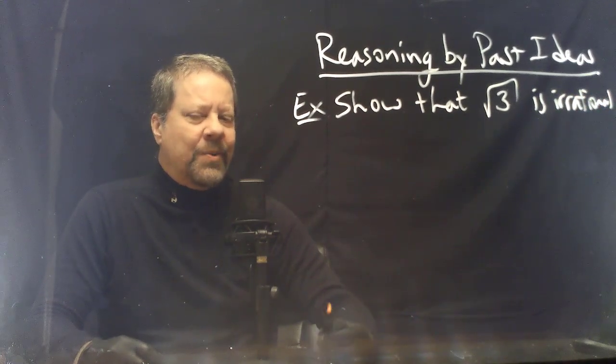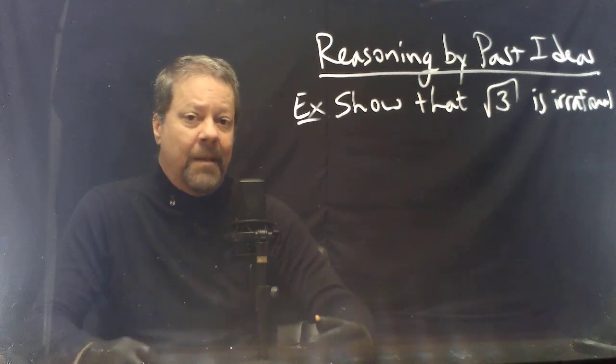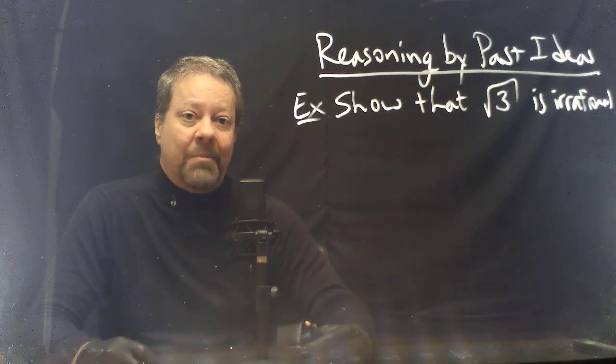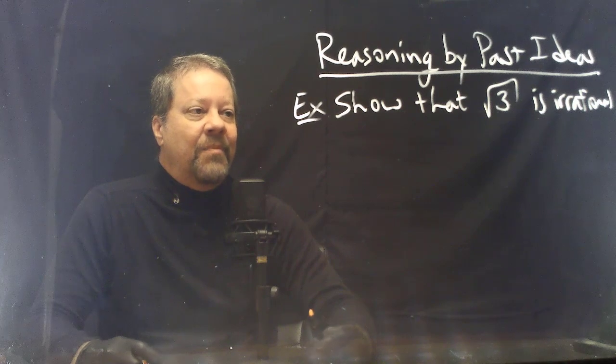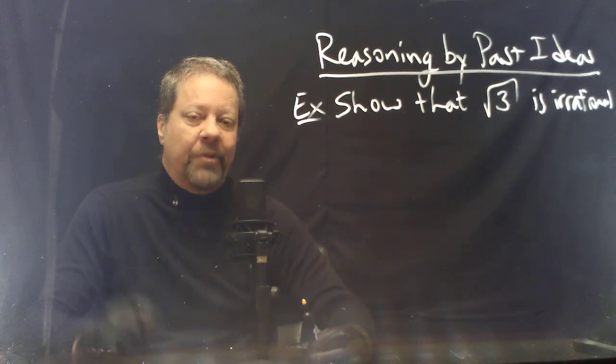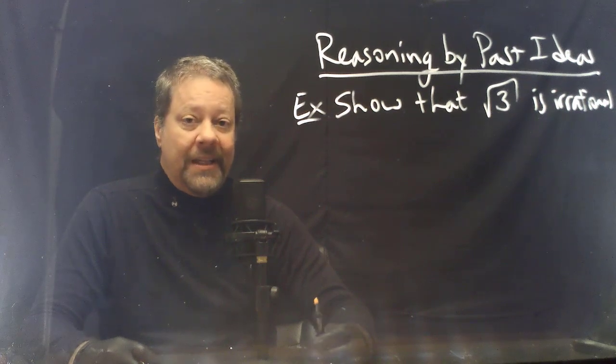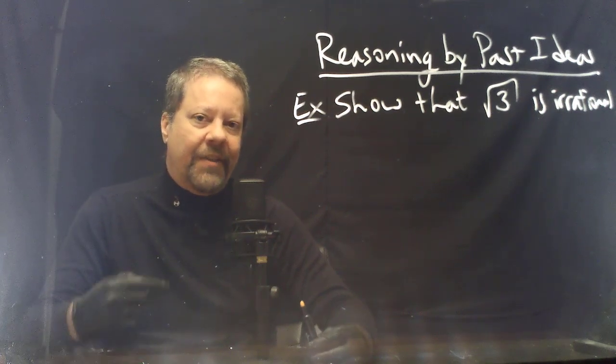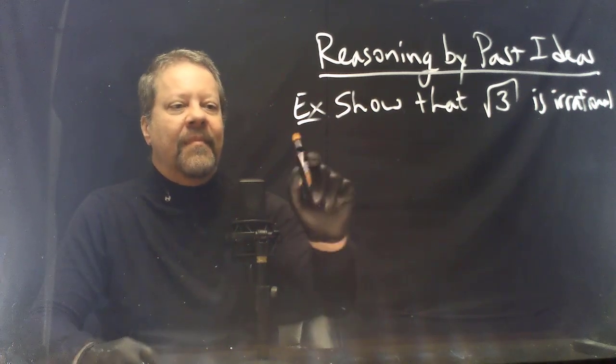We already know that the square root of 2 is irrational. Hippasus of Metapontos showed us how to prove that. So we're going to reason in the same way. A reductio ad absurdum, a proof by contradiction. We'll suppose that it is rational, and then show that that leads to a contradiction.